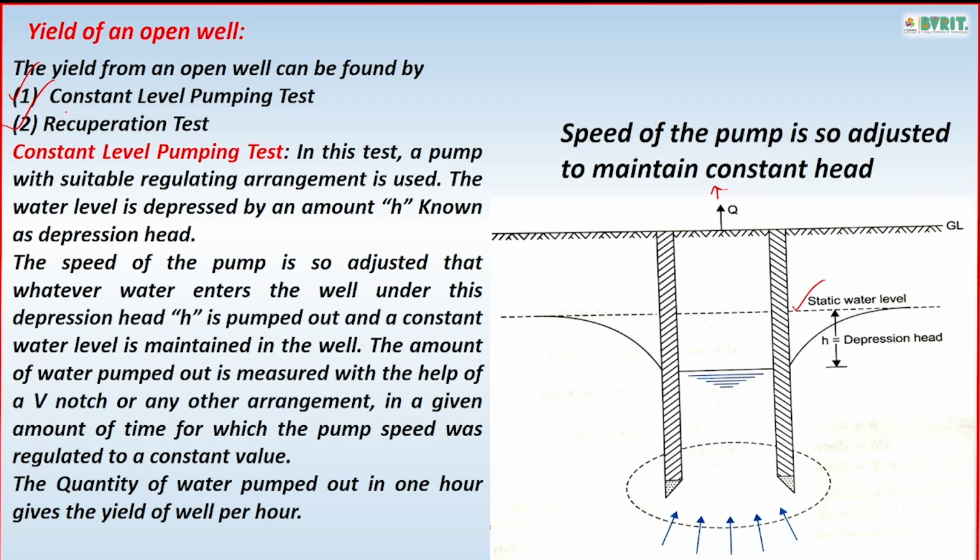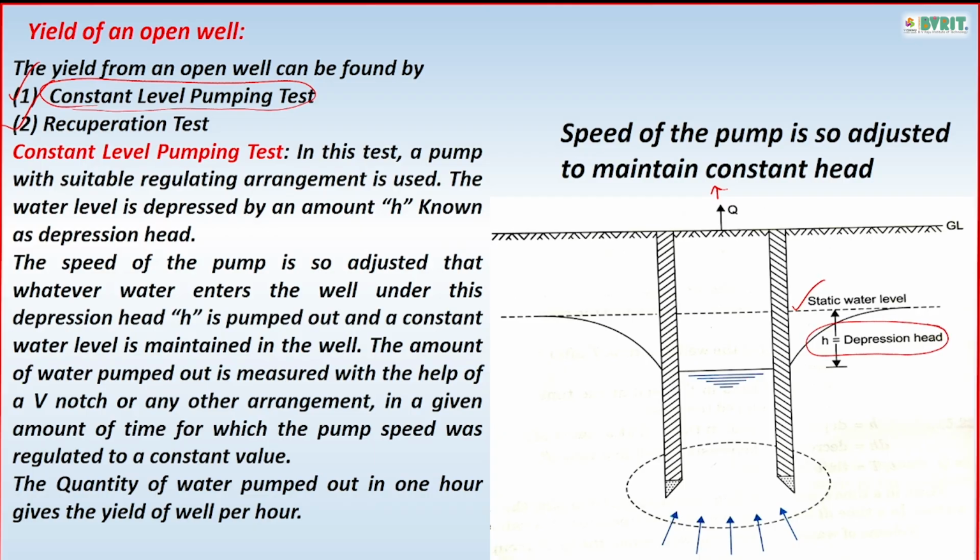What is the meaning of the constant level pumping test? First, we start pumping. The moment you start pumping, naturally the water level at the well slowly decreases, and a cone of depression forms. That is how the drawdown curve is there. So this is the depression head.